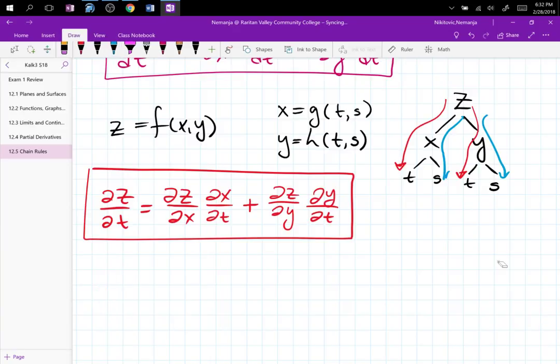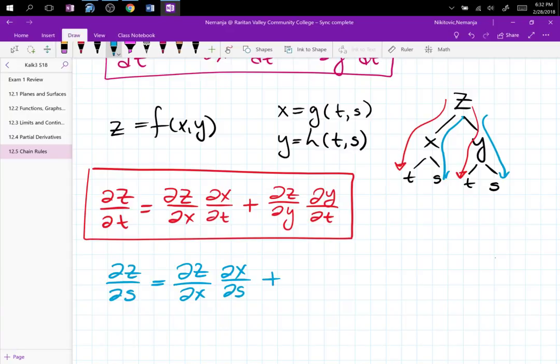So dz ds. Follow the blue path. Partial z, partial x because of the branching. Partial x, partial s because of the branching. Plus, because there is another branch, partial z, partial y, partial s.